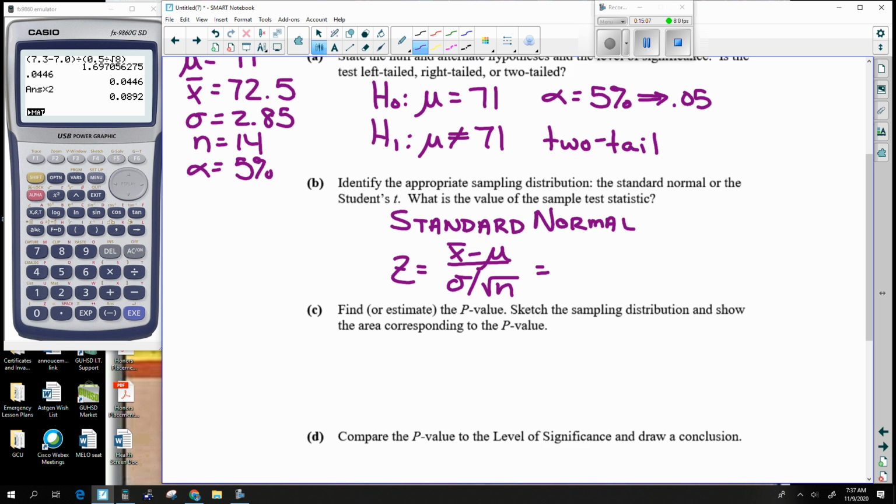Recall that you put parentheses around the numerator and the denominator. So we go x bar minus mu, divided by sigma divided by the square root of n. That gives us 1.97.